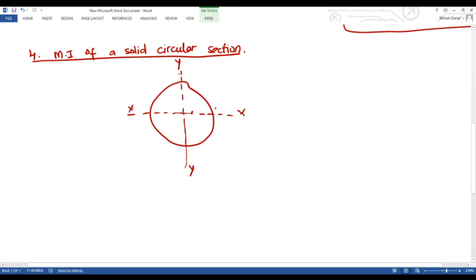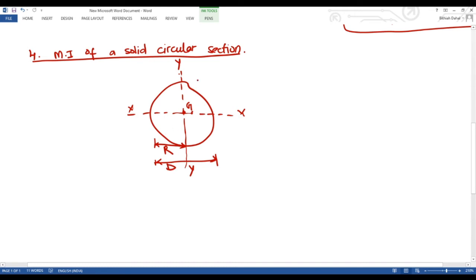Now this is my centroid G, and half of this is the radius R, and the whole of this will have a diameter D from here to, let's say, here. This will be the total diameter of the circle.